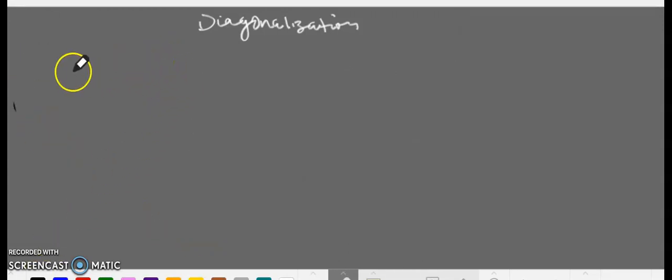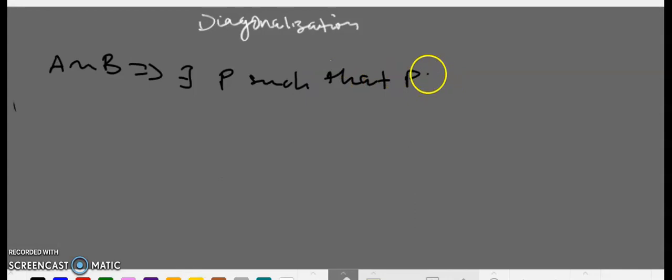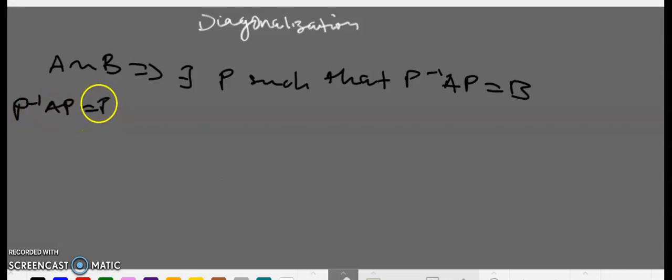So in the case of A is similar to B, let's say that there exists P such that we have our P inverse as usual of AP, and it is equal to B, because we are saying that A is similar to B. So what this means is that P inverse of AP is equal to B. Let's set Q, for instance, to be equal to P inverse, because in the first one we set I to be that.